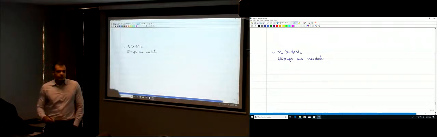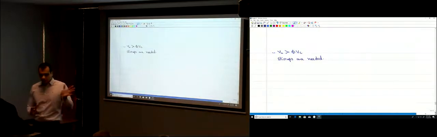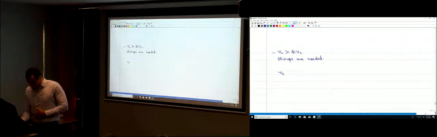So since the ultimate is larger than phi VC, stirrups are needed. How much is the shear force that should be resisted by the stirrups? It's the difference between the applied shear force and the strength of the concrete. The applied shear force is V ultimate. You deduct the strength of the concrete and divide by phi.